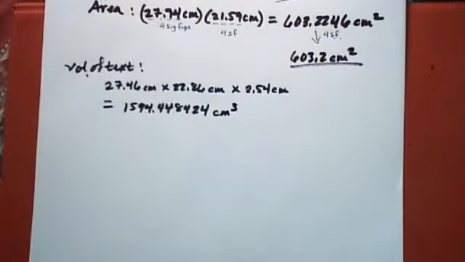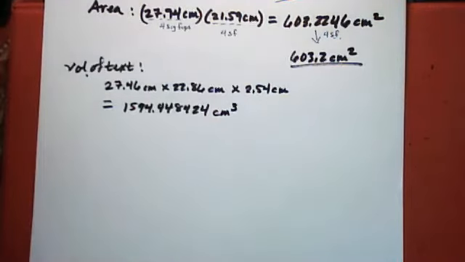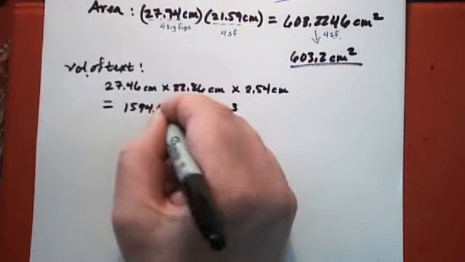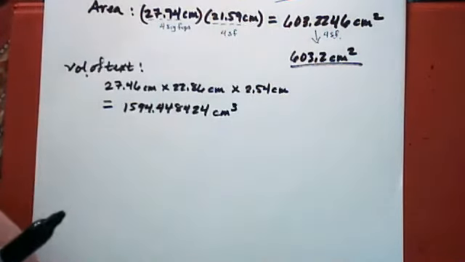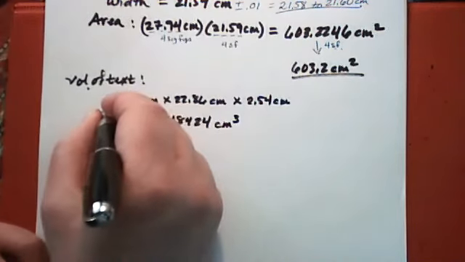And that's in cubic centimeters. Obviously, that's way overboard in terms of significant figures. For the significant figures, we have to look at the numbers that went into this result and see how many significant figures they have.